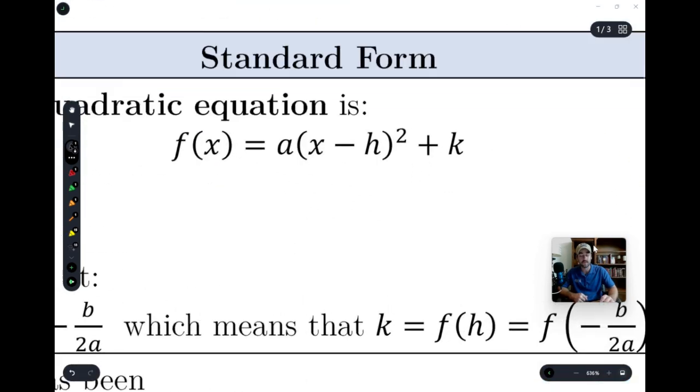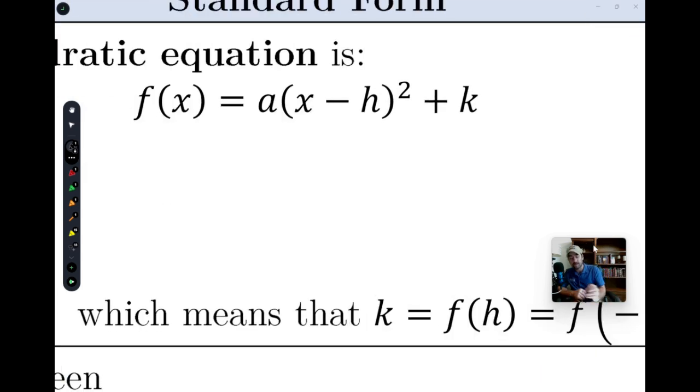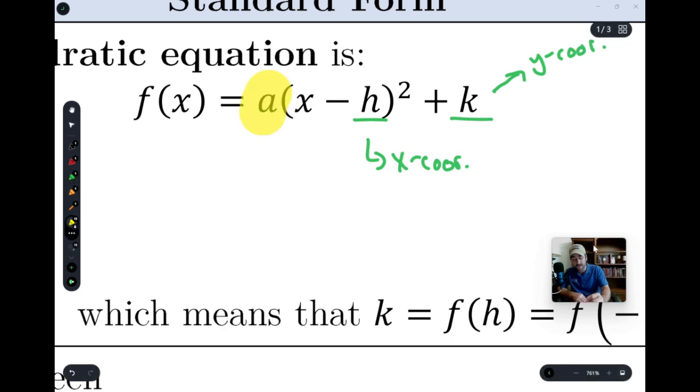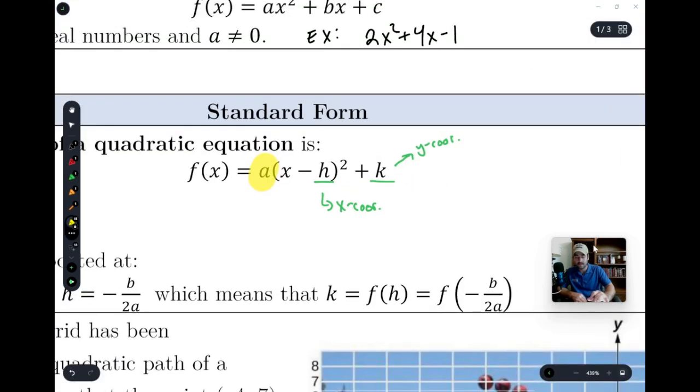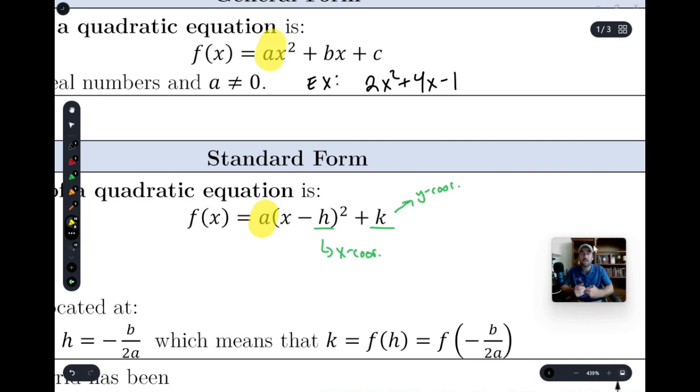The second way is a little more informative and a little different. You'll see there's that h and that k. You'll notice a negative sign hanging out in the middle that's flipping the sign of the x coordinate. The h stands for the x coordinate of the vertex, and the k stands for the y coordinate of the vertex. And one really important note is look at that a and ask yourself the question, well, why did they use the exact same variable in these 2 equations, even though they're different equations?